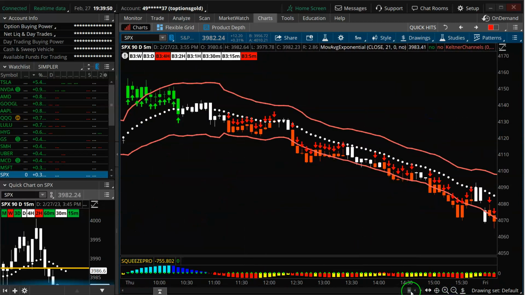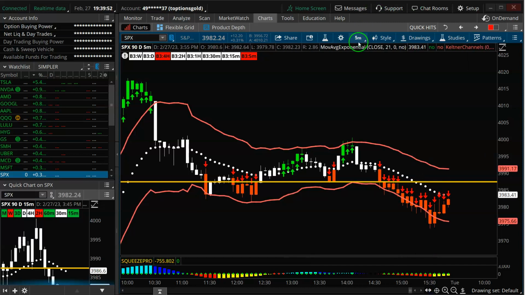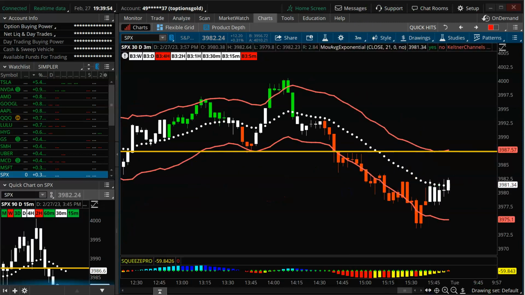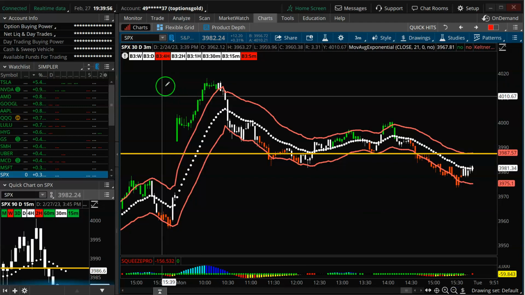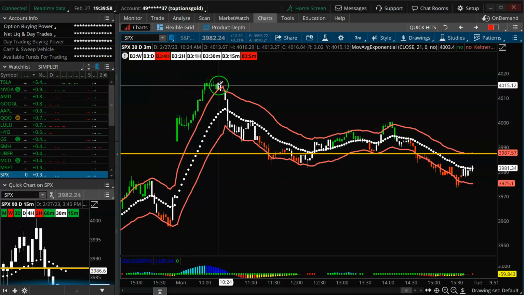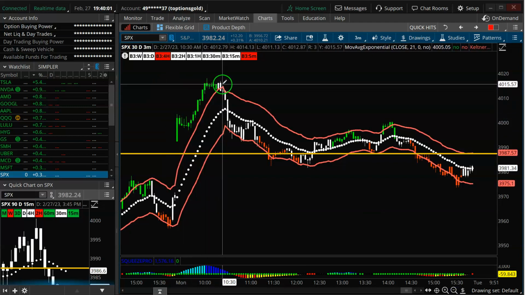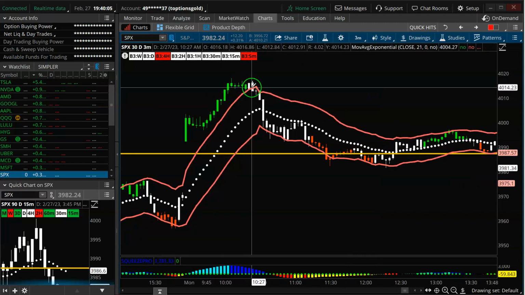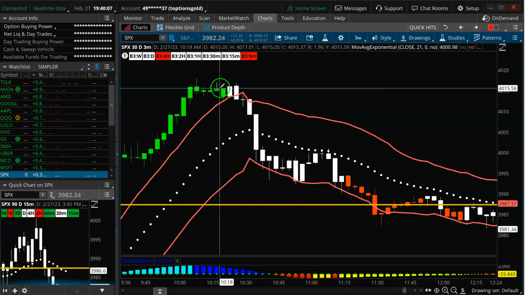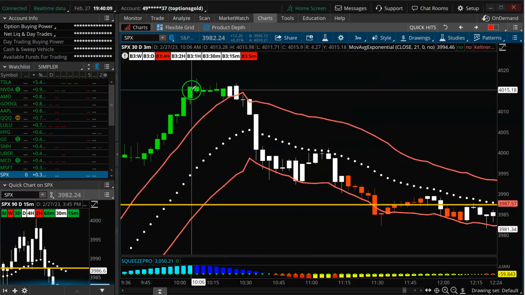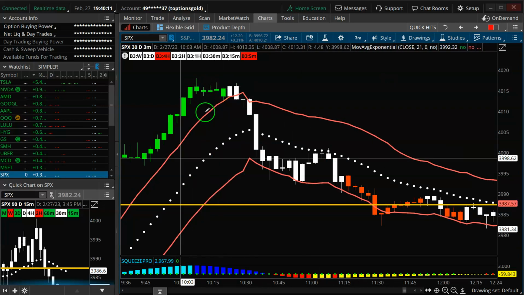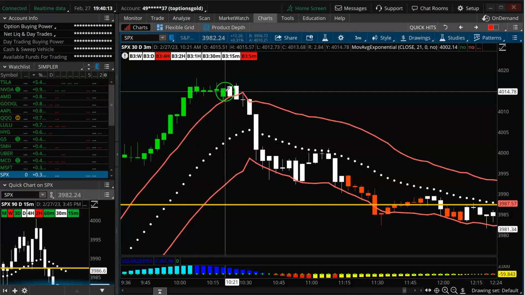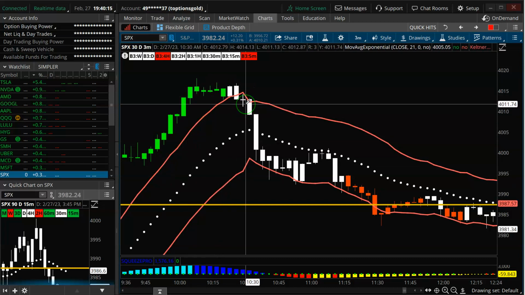Right around, 3-minute chart, there we go. So check this out. Right around 10:30-ish this morning, we start getting our first signs of exhaustion here on the 3-minute chart. Exhaustion means the indicator goes from bullish to neutral. We have a buy signal, and all of a sudden we no longer have a buy signal.